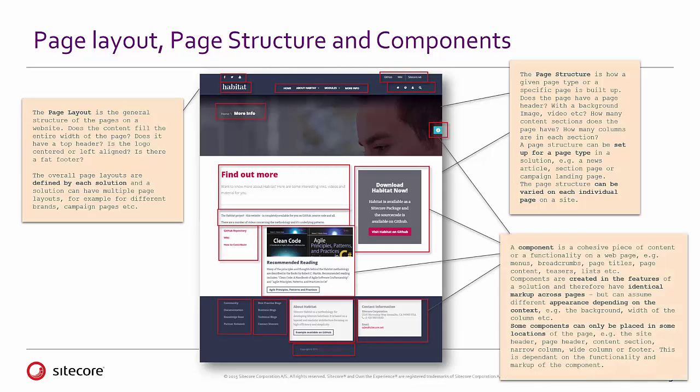Now components are all the little bits and pieces of content and functionality that go on the page. Every single piece of content, or every single button, or every single cohesive piece of content or functionality is a component. Each component relates to a module or a feature on the website. So let's say the main menu at the top is related to the navigation.